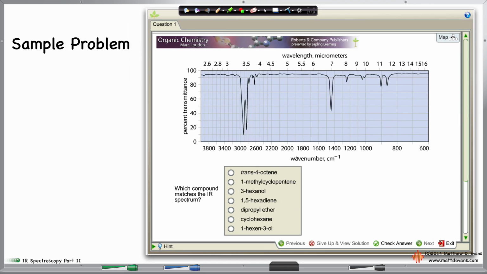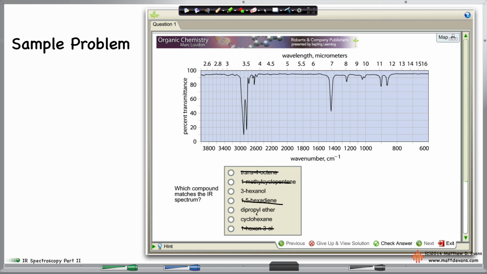Let's see, what else? Here's another sample problem. We're looking at another spectrum, and we're asked to figure out which compound this corresponds to. Nothing is drastically obvious to me right away here, so this might be a tough one. We've got a challenge here. I don't see a double bond, though, so we can probably eliminate all the double bond compounds right away.